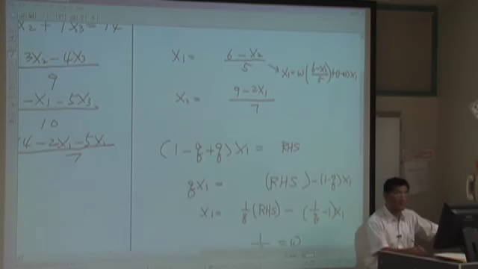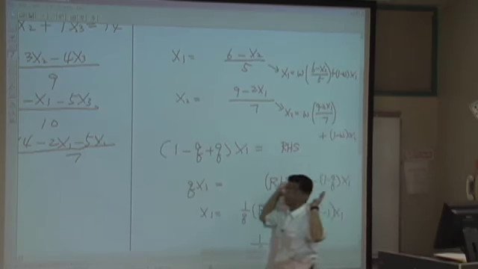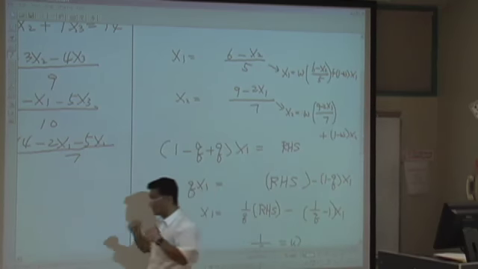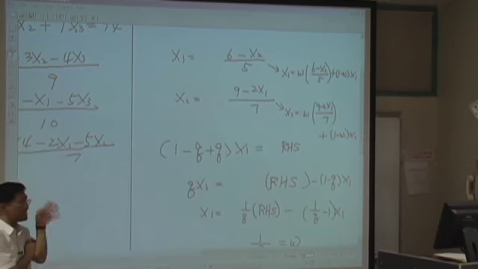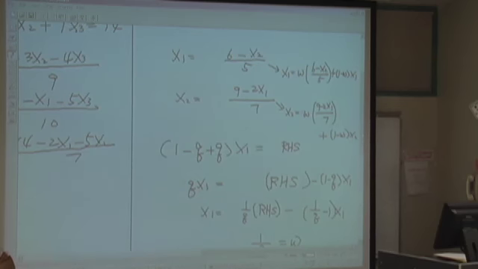And here, the same thing, x2 equals W times (9 minus 2x1) over 7, plus (1 minus W) x2. And we can completely generalize these things, and I will return to the general formula once you completely understand this idea. So you need to write a paper, then change something, right? Change something.